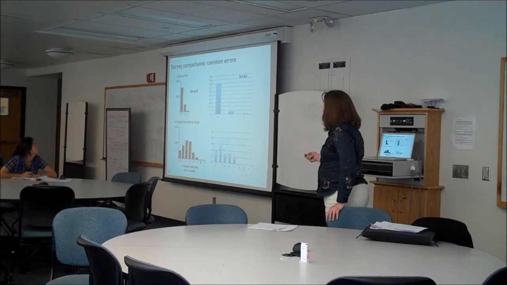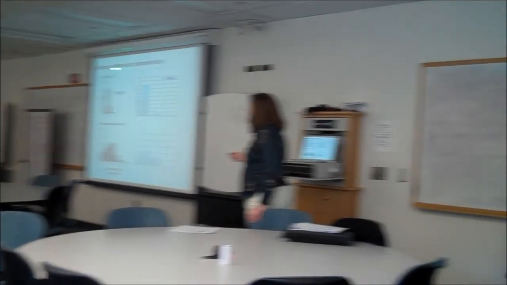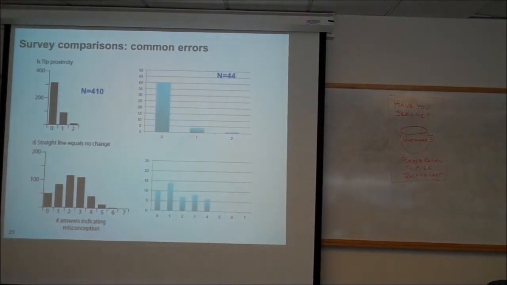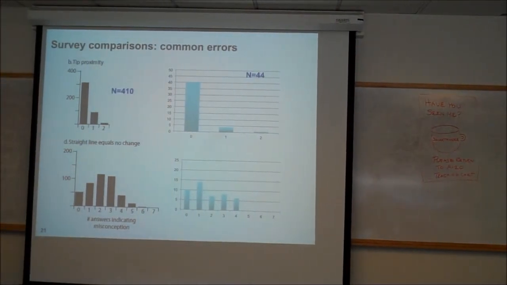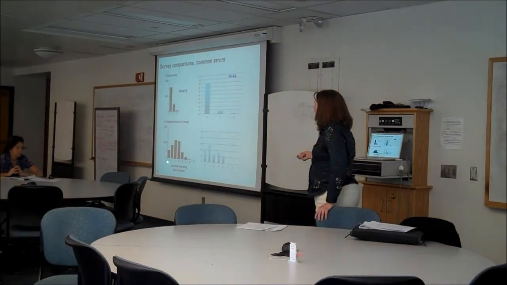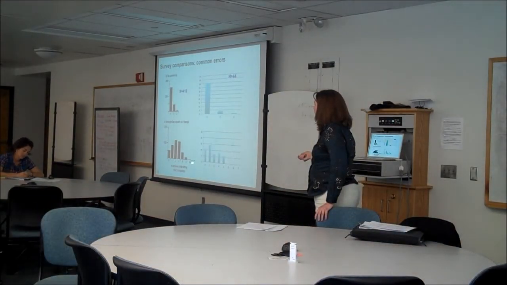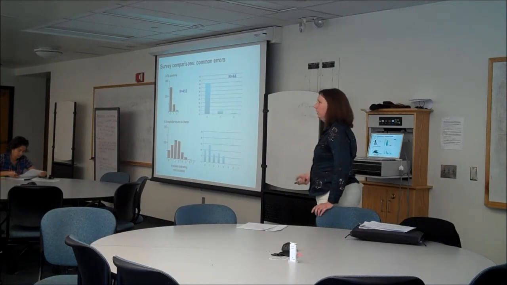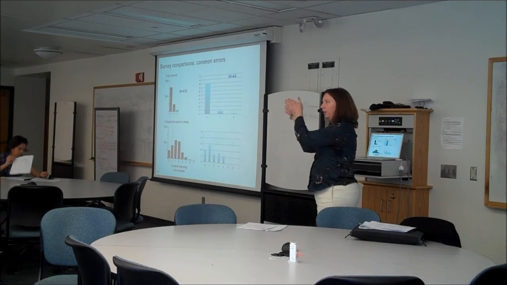As far as the common errors, the most obvious comparison was in these graphs. Basically, if there were 7 points, 7 questions or parts of questions that contributed to the way you scored this, how many errors did they make? And here's the same way. There were only 3 points that dealt with questioning this: if the tips are closer to each other, are they more closely related?